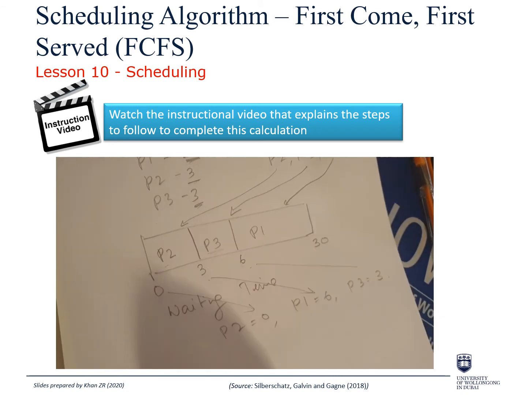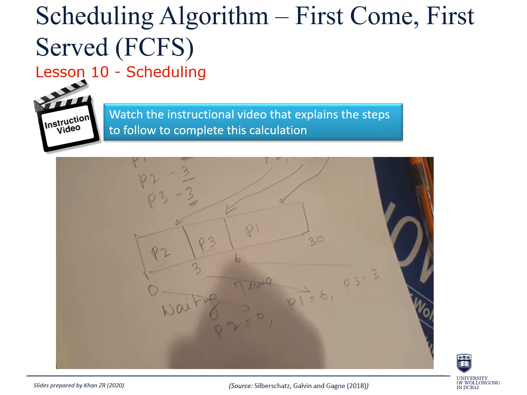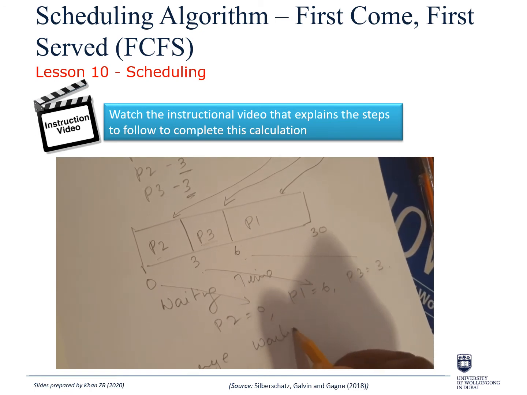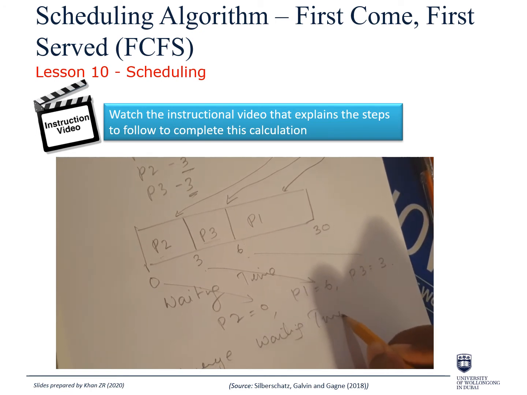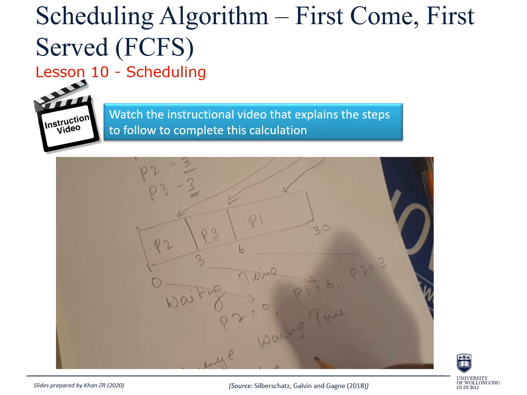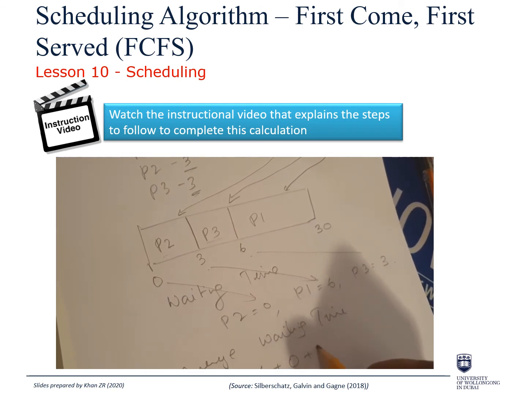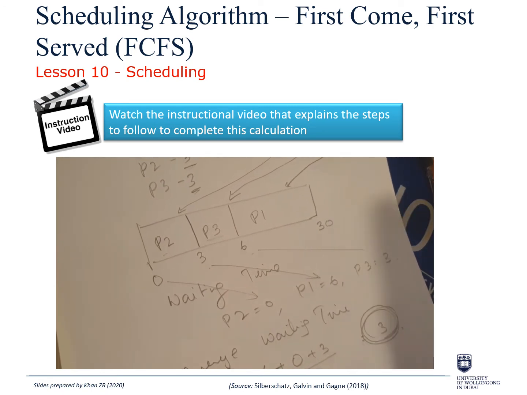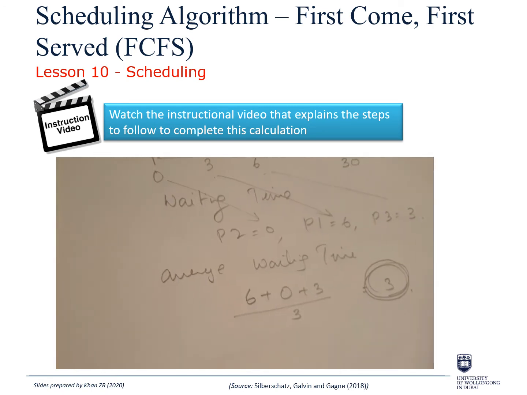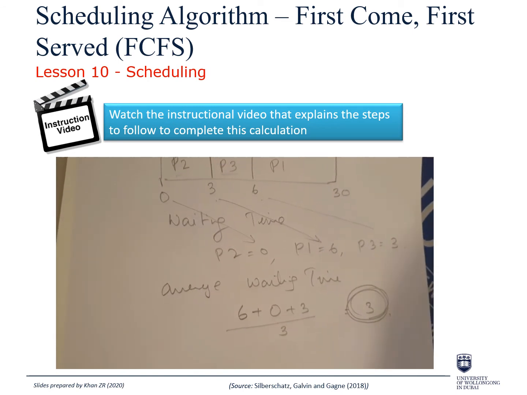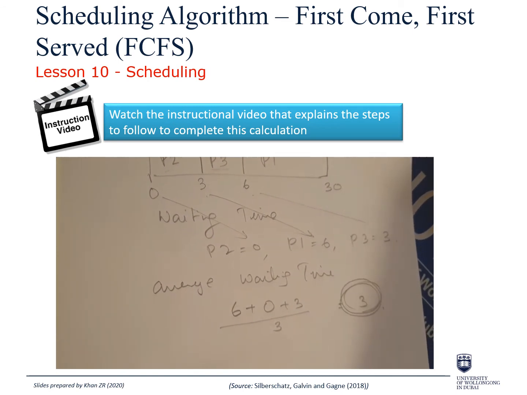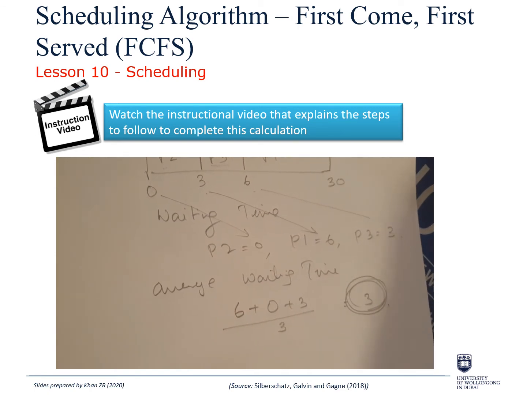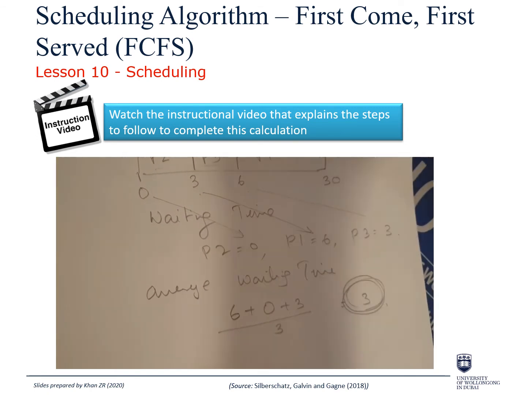When I calculate the average waiting time, it becomes 6 plus 0 plus 3 divided by 3, which is only 3. So in this case, the average waiting time is much better than the previous case, because here the first come, first serve order was P2, P3, and P1, and not P1, P2, and P3.